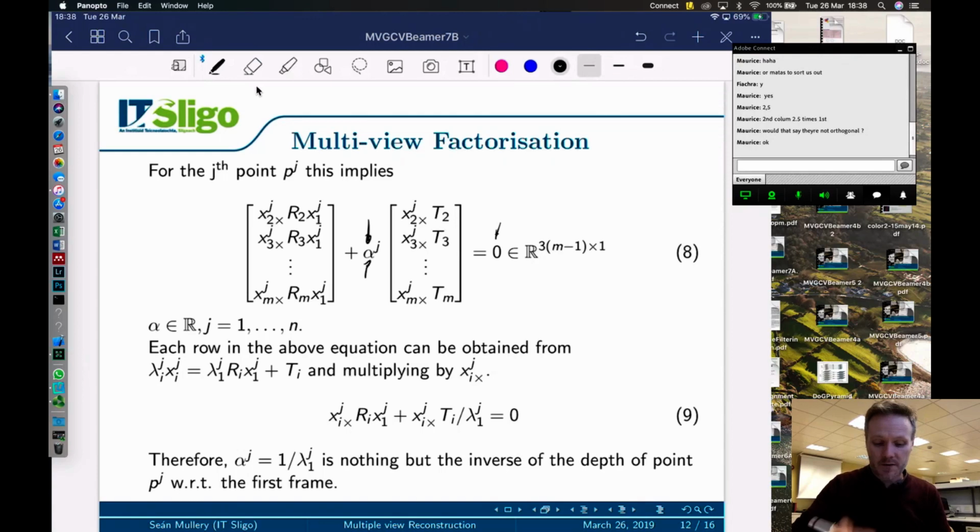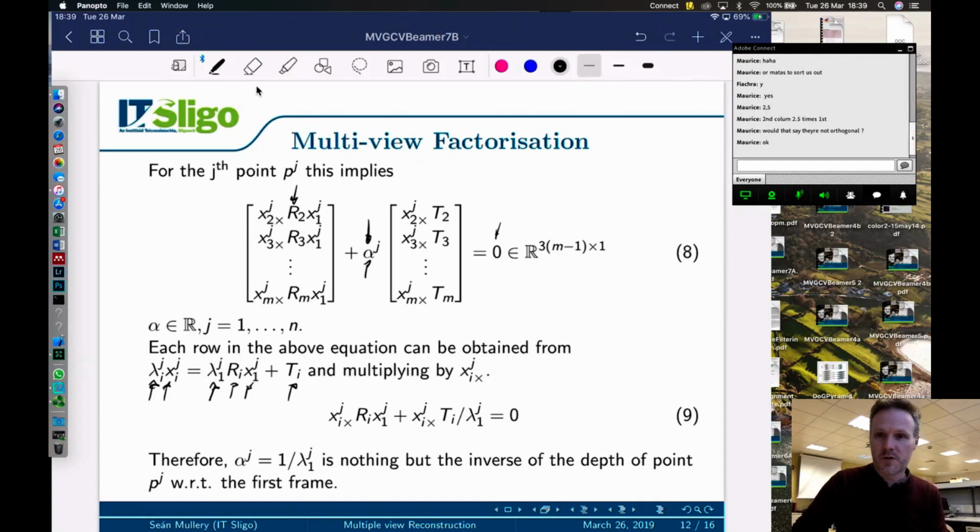So each row in this equation can be obtained by the following. We get our 3D point, which is basically our point correspondence multiplied by our scale factor, which we don't know. For the second one, we rotate it by some amount and translate it by some amount, and we do that with the first one, the image in the first one, and the scale for the first one.